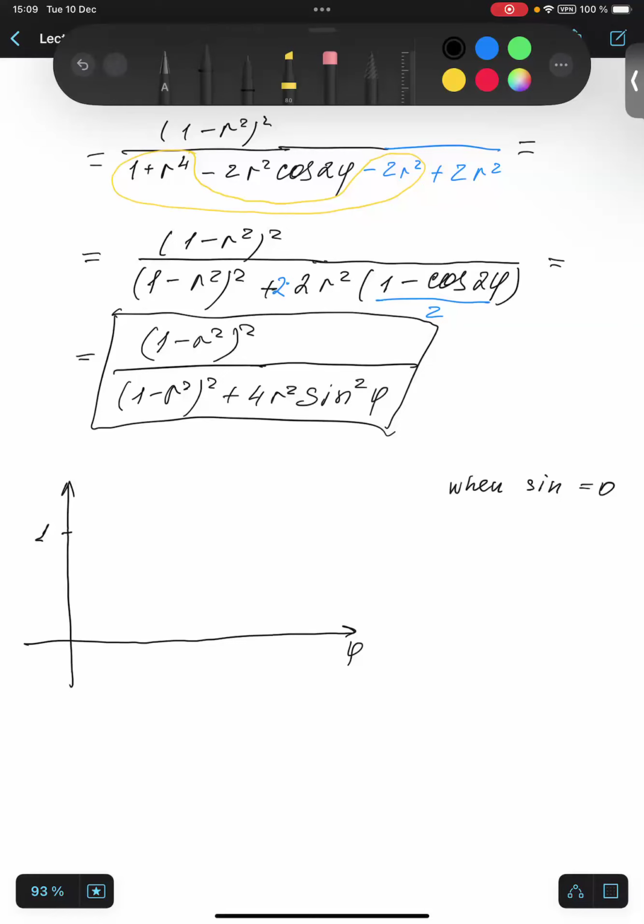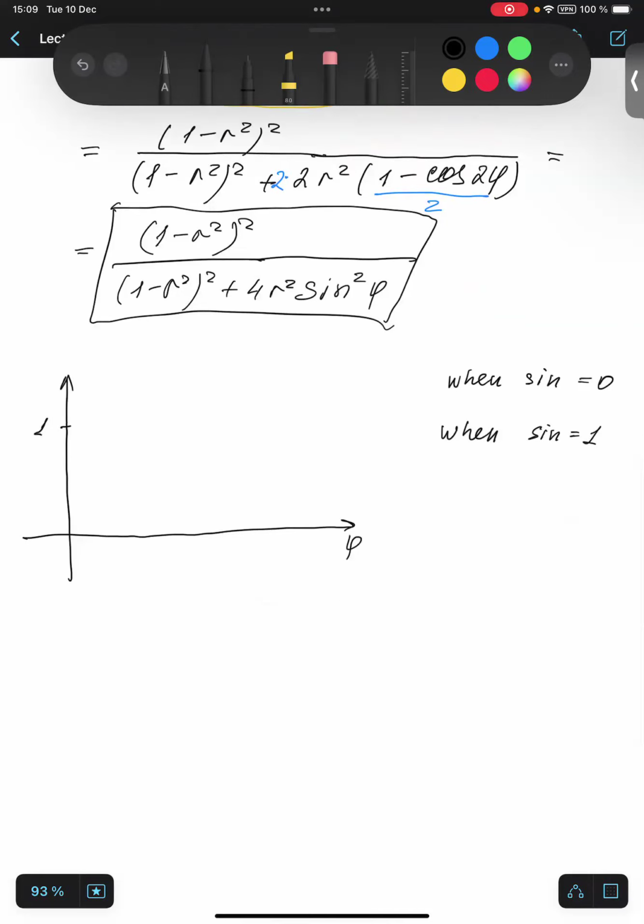Then the minimum value is also obvious, when sine equals 1. So in such a case, we can plot such dependence up to pi.